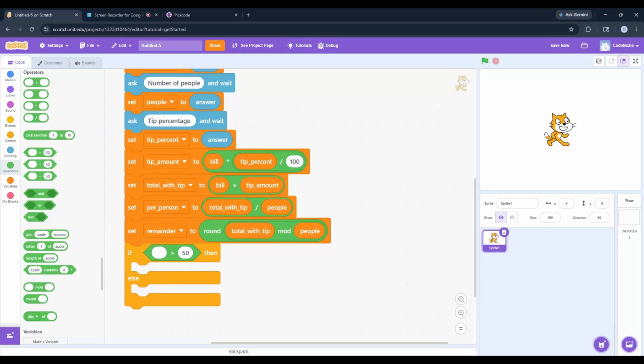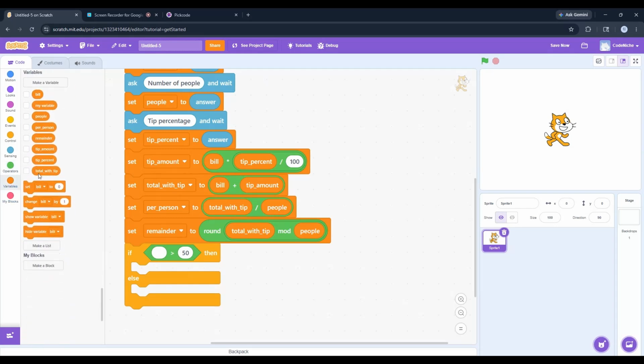Someone had to pay something extra, right? And if the remainder is 0, that means the split happened evenly. So here we go.